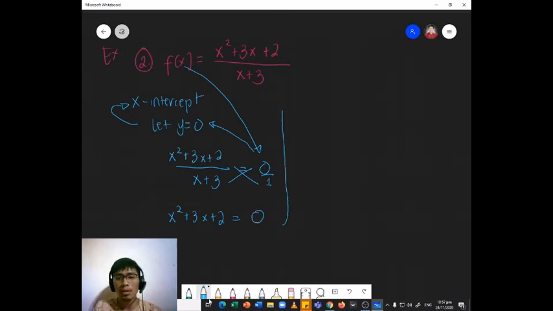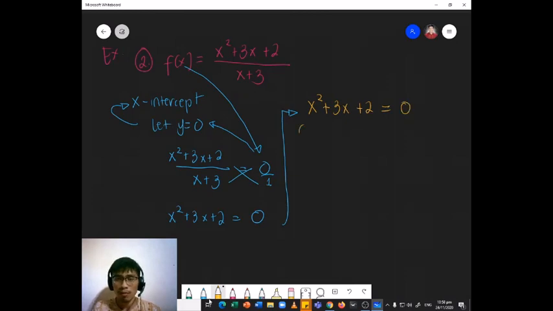Okay, let's continue here. As you can observe, this is now in the power of 2. So of course, the factoring skills that we already learned way back then are all still applicable in solving this one. Since this is in the power of 2, we expect two possible values. Let me rewrite it again: x squared plus 3x plus 2 is equal to 0.